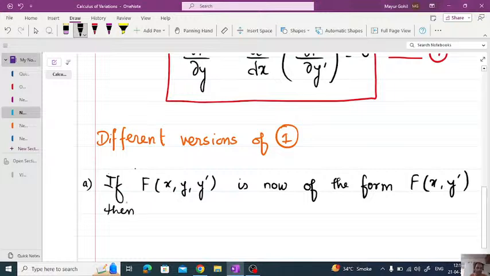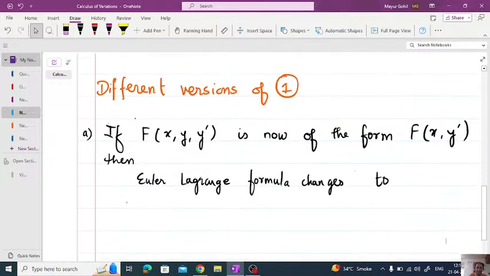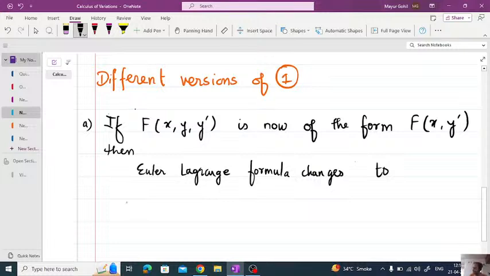Then the Euler-Lagrange formula changes to: it is just del by del y, del f by del y dash equal to c.